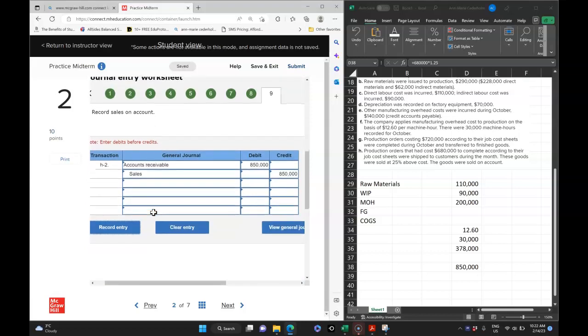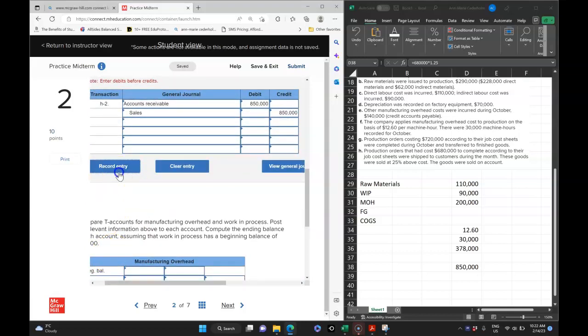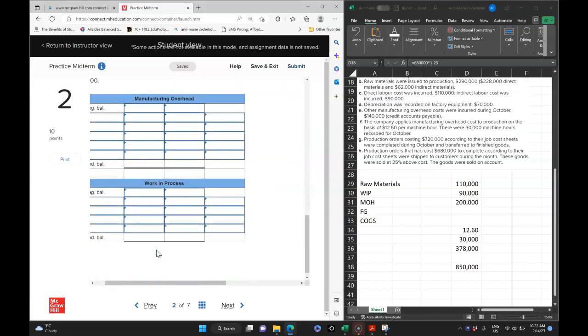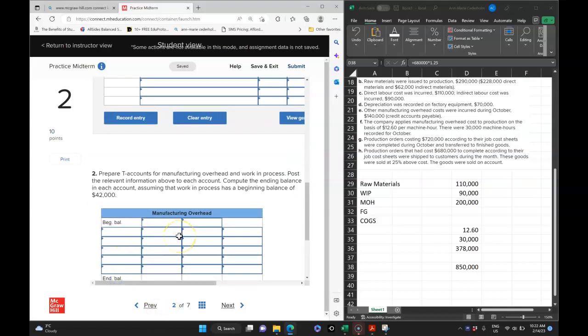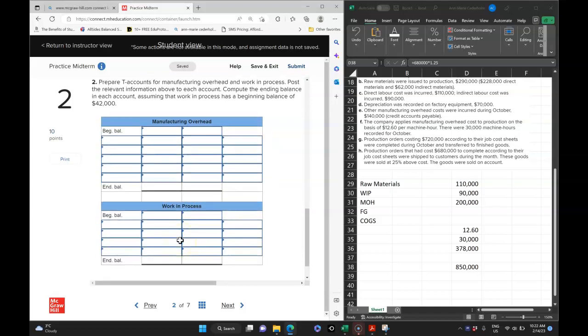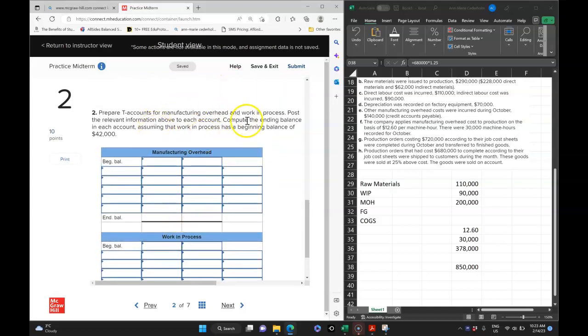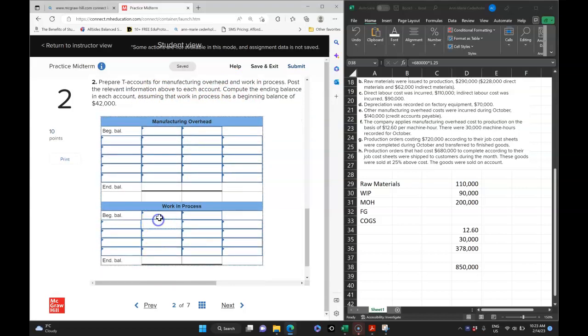Okay, so the next part says prepare T accounts for manufacturing overhead and work in process, and then compute the ending balances. So I'll start with my work in process. The beginning balance was 42,000, so I'll put this in, 42,000.